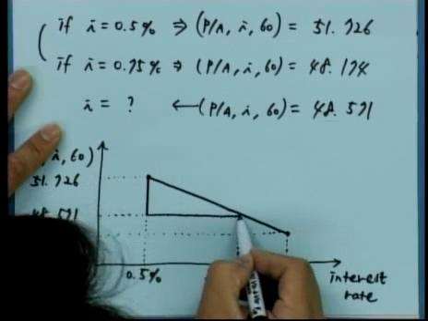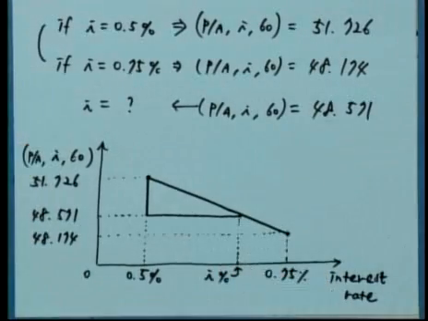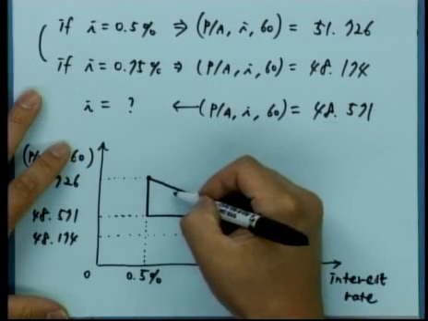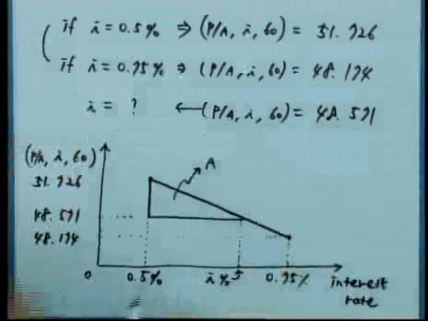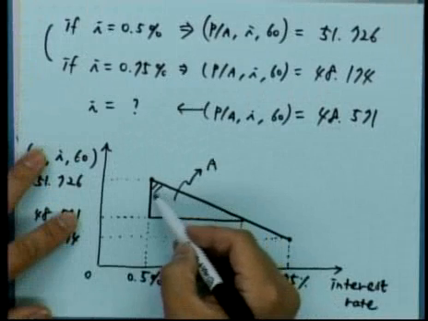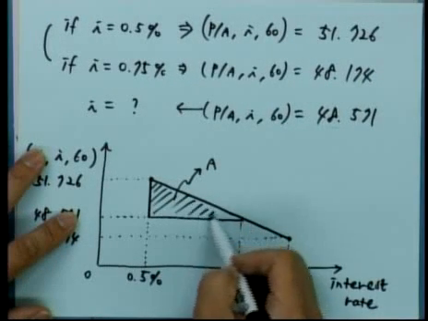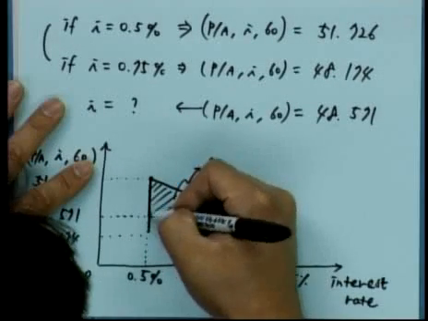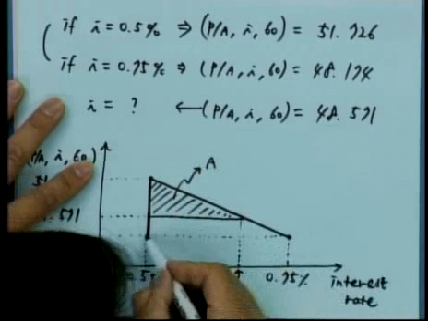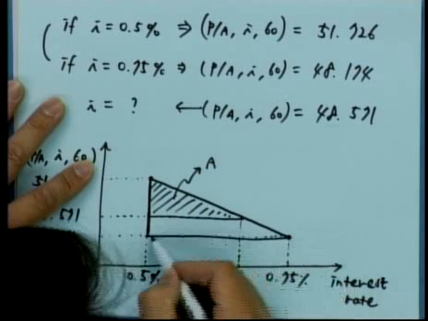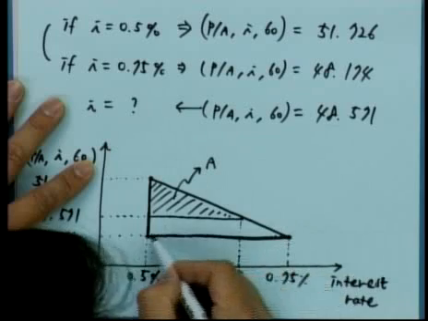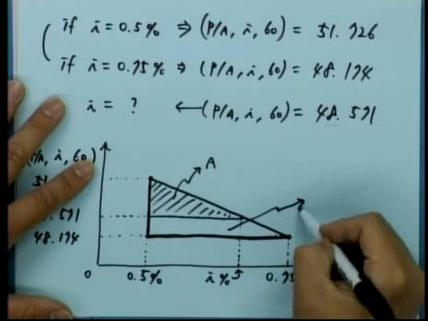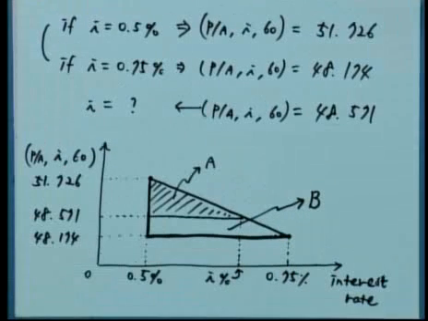And we have this small triangle. Let's say this small triangle is triangle A. And we can find the bigger triangle like this. Okay. So this bigger triangle is called triangle B, let's say.